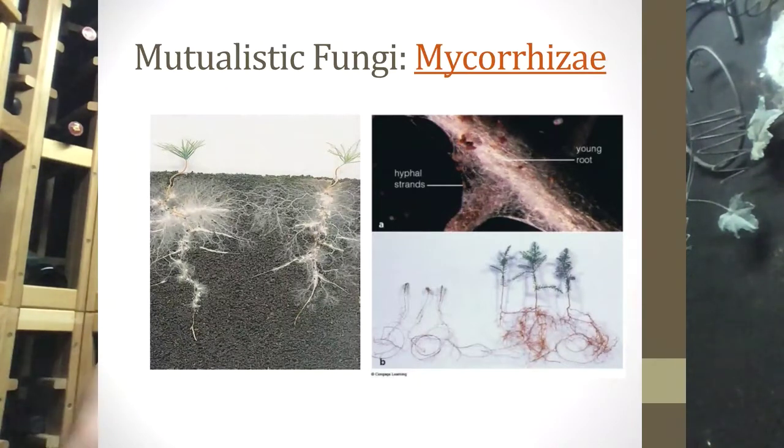From the other end, because it's mutualistic, both benefit. On the other end, the roots are supplying the fungus with nutrients that they're making. So the organic nutrients they make can move into the fungal body. So very mutualistic situation going on there. Remember that we looked at nitrogen cycling.